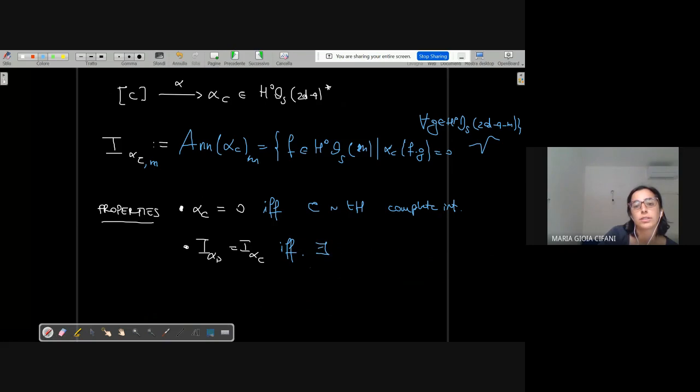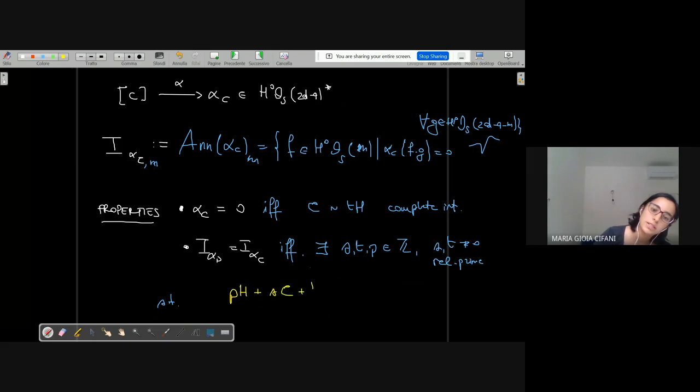If and only if there exist s, t, and p, with st non-zero and relatively prime, such that we have this property: pH plus sC plus tD is linearly equivalent to 0.